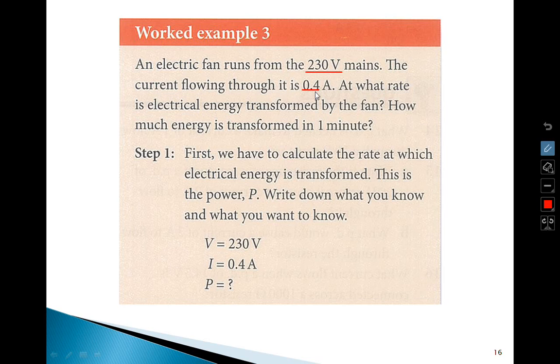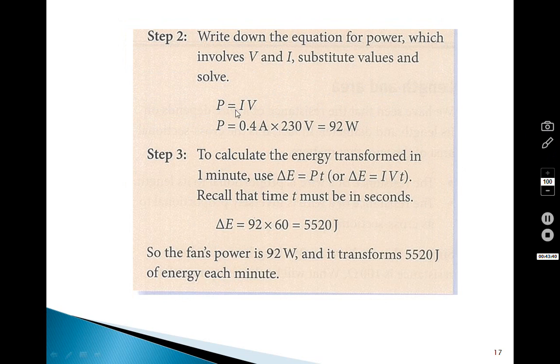So what we have here is the value of V and the value of I, and we need to find out the value of P. Write down the equation of power, which involves V and I, and then substitute the values of both of them.